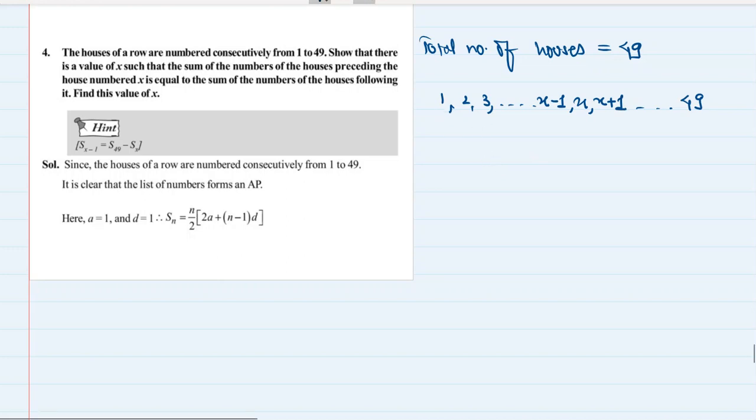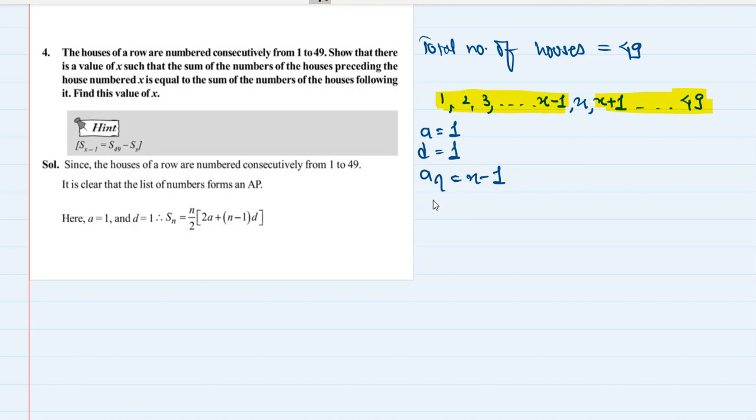Okay, so what we are interested in is that the sum of the numbers of these houses should be equal to the sum of the numbers of these houses. Then we have to find x. See, here for this case, the first term is 1, the common difference is 1, and the nth term is x minus 1.